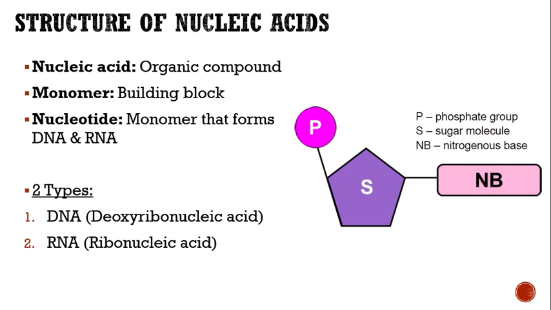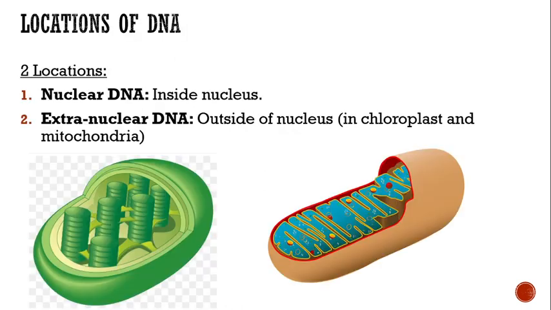As already explained, the structures are nucleotides. Now, let's look at the location of DNA. Remember, in your cell we said that inside your nucleus you have DNA. That DNA is found inside the nucleus, it is nuclear DNA, and it is the main DNA inside your nucleus that controls all the activities of a cell.